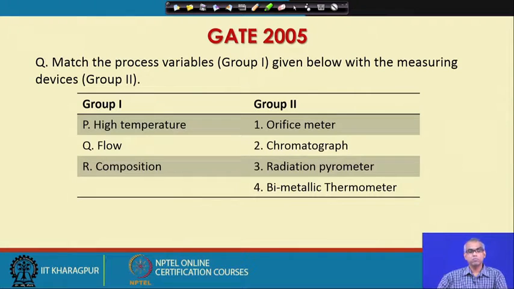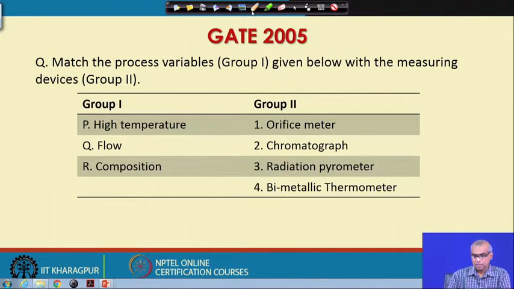One more question from year 2005. Match process variables group 1 given below with the measuring devices group 2. High temperature, radiation pyrometer is the correct option. Flow, orifice meter.